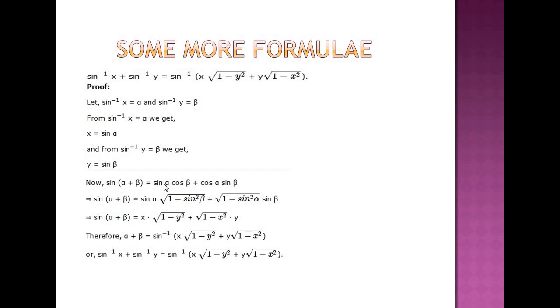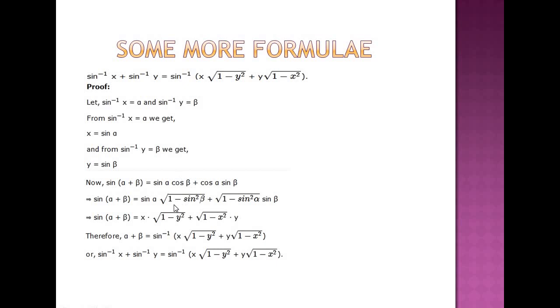Sine alpha is as it is, but cos beta has to be written in terms of sine beta, because whatever you have taken as the substitution, you have to change in that way only, because there is no direct way for cos beta. So I am changing cos beta as under root 1 minus sine square beta, right? This sine beta is written as it is, but this cos alpha I am writing as under root of 1 minus sine square alpha, so that in my next step this sine alpha is changed as x.